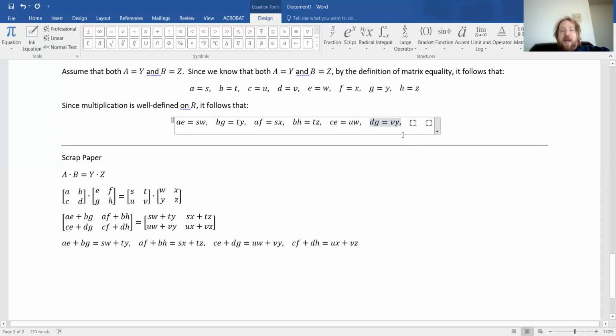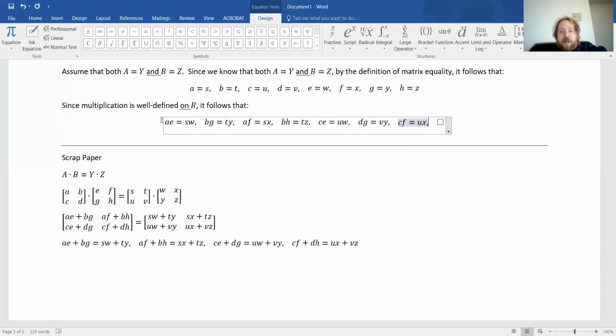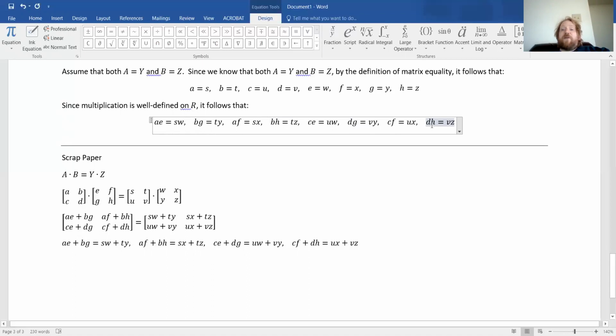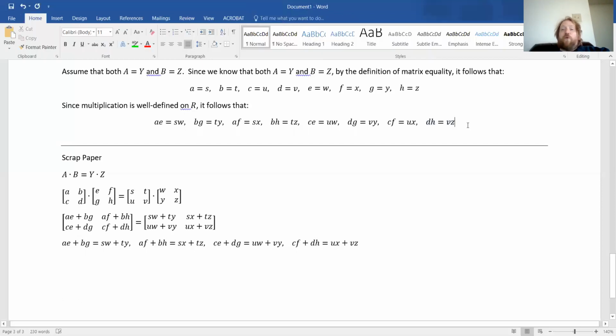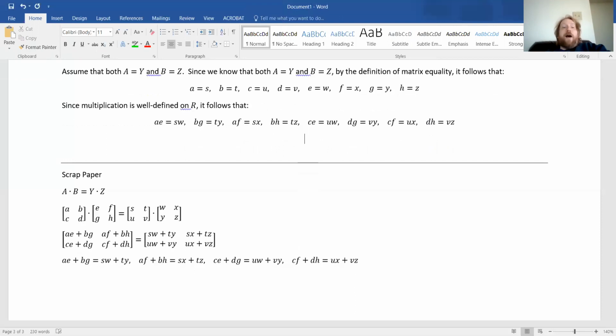We get CF equals UX. And we get DH equals VZ. Each because then on the left equals on the left, and on the right equals on the right, and ordinary multiplication is well defined. So now let's use the fact that addition is well defined on R.